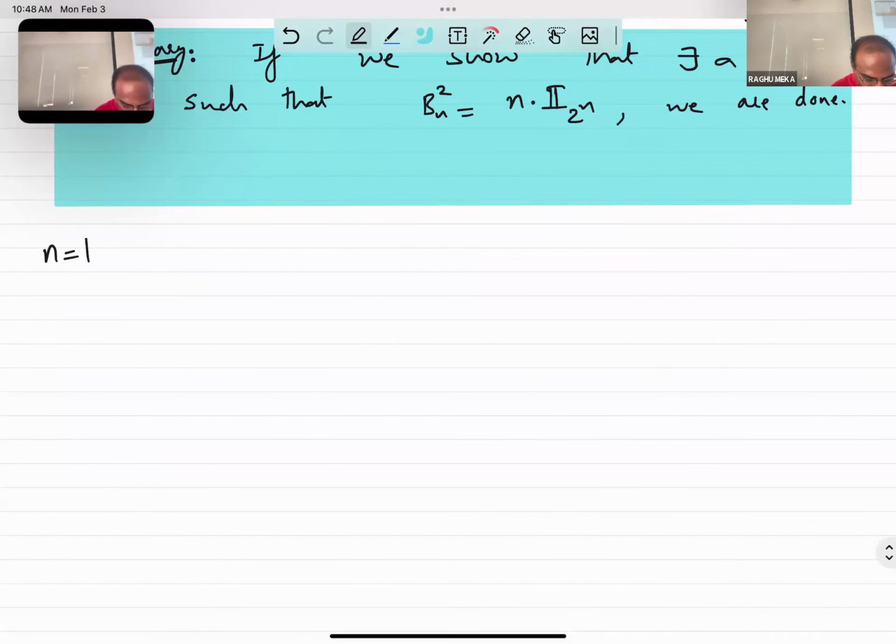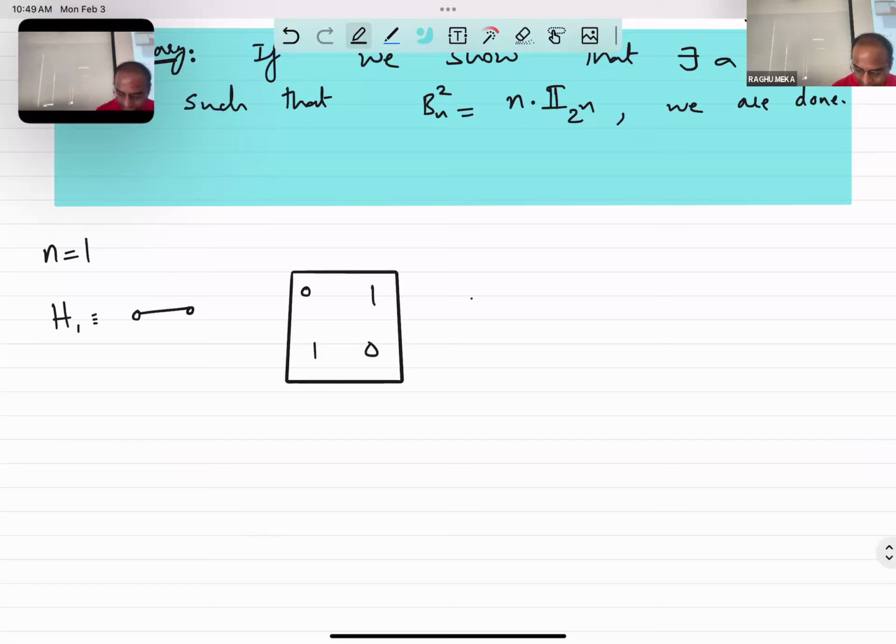So n equals 1. So H1 is just this graph. Just a single edge. So I'll write down the adjacency matrix and the signing. So what would be a signing which gives me what I want?